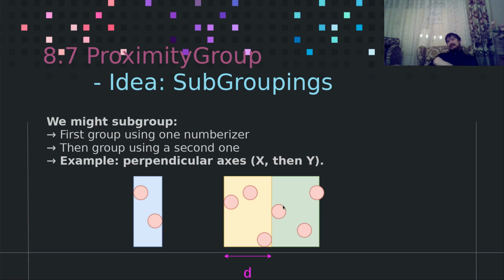Maybe they are not considered in the first numberizer, but now in the second one, you should see that these two, I'm talking about the two near the yellow and the green groups' edges, we should consider if those are numberized in the same group in the y direction too or not, because maybe they are so close that they should be.